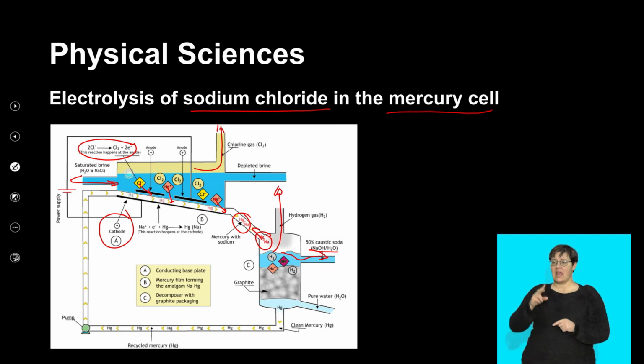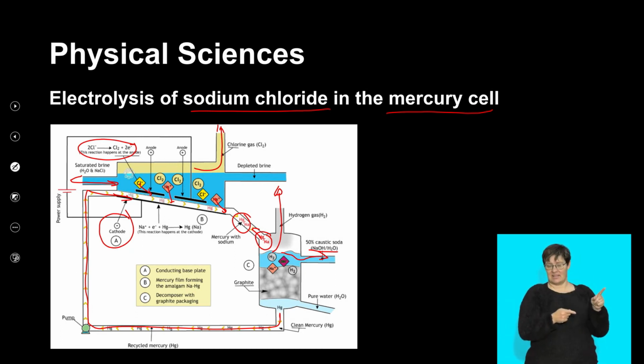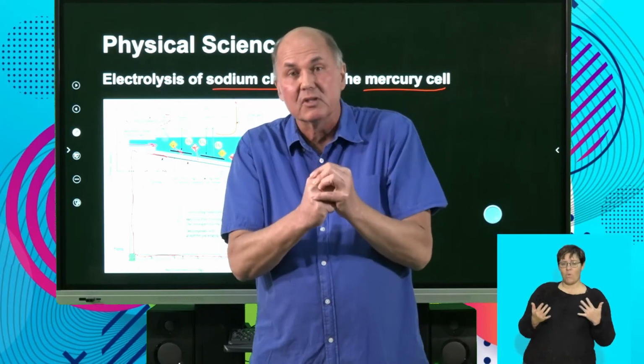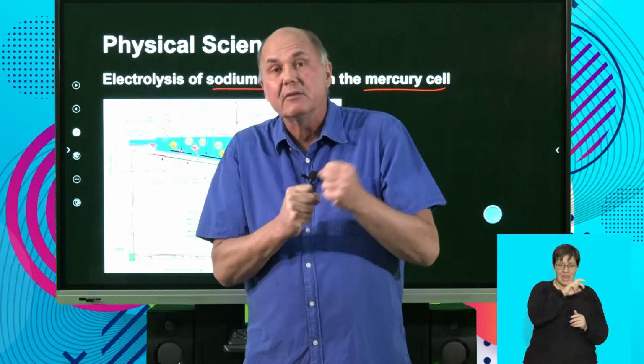What sinks to the bottom is mercury and some pure water. Pure water gets separated out, and the mercury carries on and is pumped back into the tank, and in that way we get the whole reaction. Quite an interesting little story in terms of the way that the mercury is able to capture the sodium and prevent it from reacting in the original container and polluting.